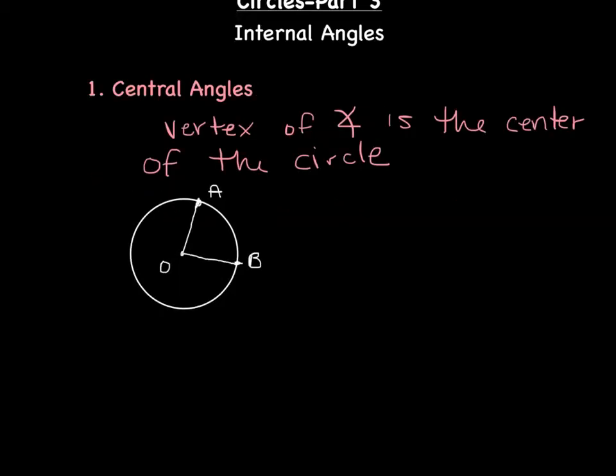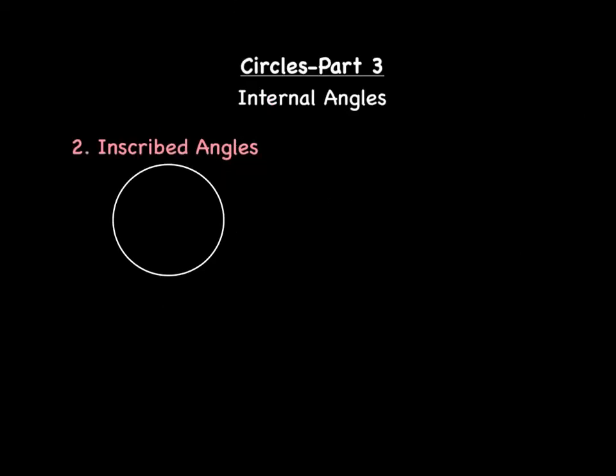This angle here, angle AOB, is a central angle, and if you notice, the two sides that make up angle AOB, AO and BO, are radii of the circle. Now, the nice thing about central angles is that the measure of the angle, in this case AOB, is equal to the measure of the arc that it cuts off, in this case AB.